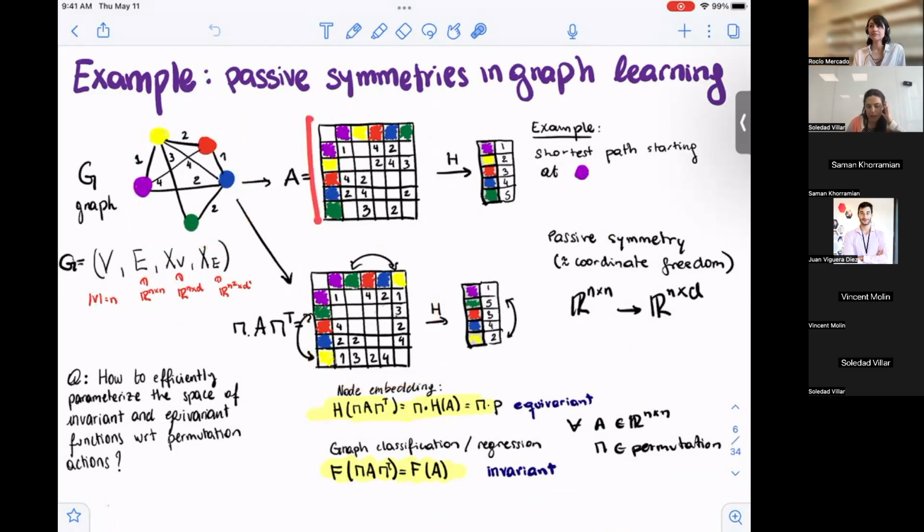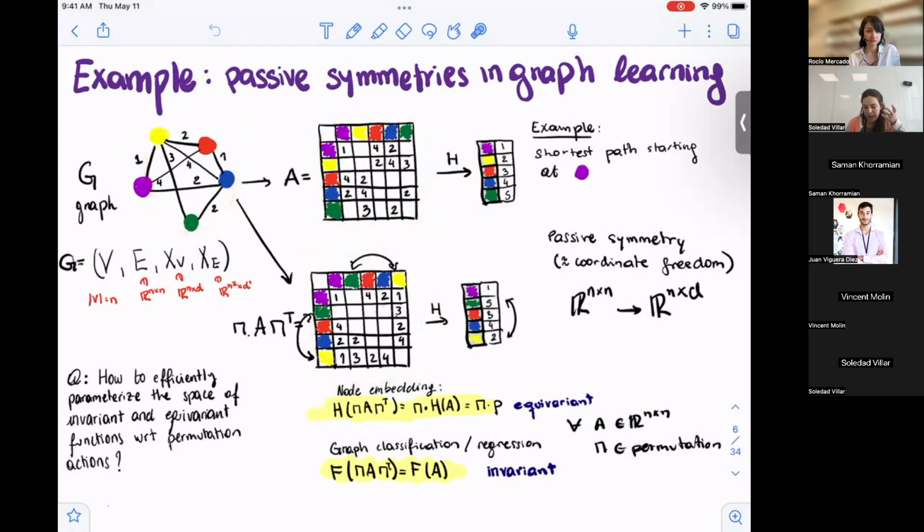So I can write it in this form, or I can write it in that form, and these are equivalent. These are two equivalent representations of the same object. And so if I'm learning a function of the matrix, then this function needs to be independent of the way I use to represent the graph.